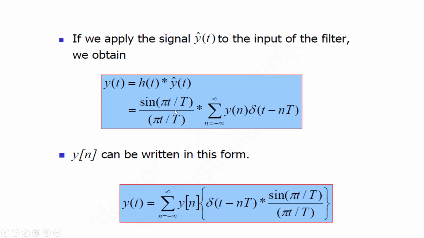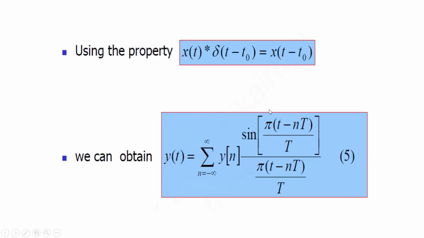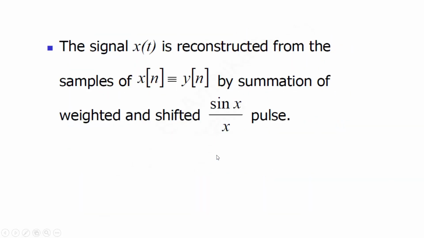So if it is a sinc function filter, then we can recover the signal back perfectly. Therefore, for a perfect reconstruction, the filter has to be a sinc function. All right.